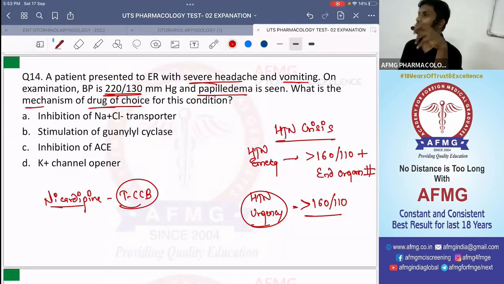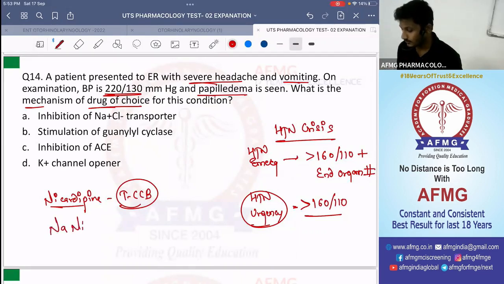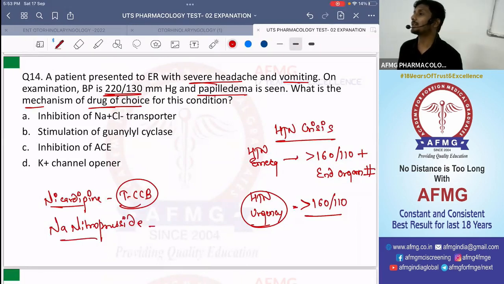But for the other types of hypertension, uncontrolled hypertension, when there is end organ damage, the better drug according to JNC8 that should be used is sodium nitroprusside. And what does sodium nitroprusside do?